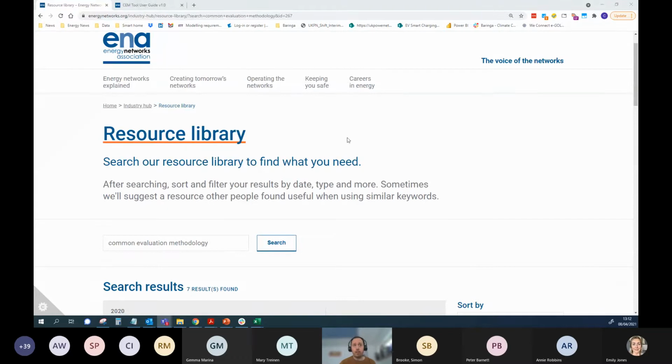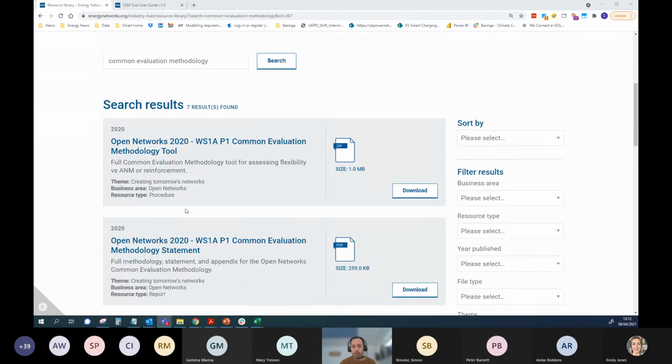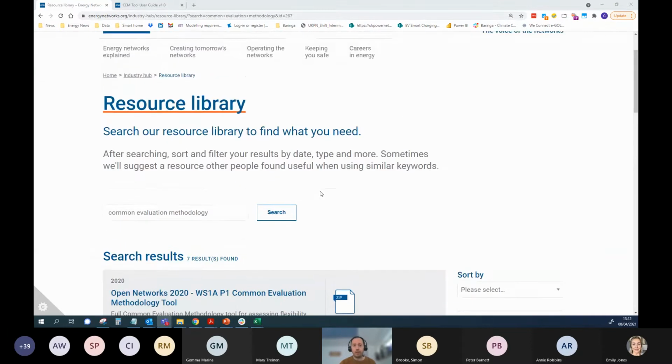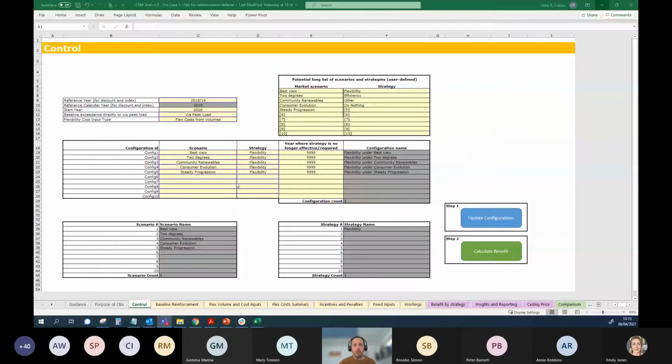You just need to go to the resource library, and the easiest thing is to search for common evaluation methodology, and all the materials associated with this tool and the work running up to it will be there. I've deliberately taken the use cases directly from this site, so all the numbers you will see should correspond to the numbers that you would download if you went here, just so that it's as easy to compare as possible.